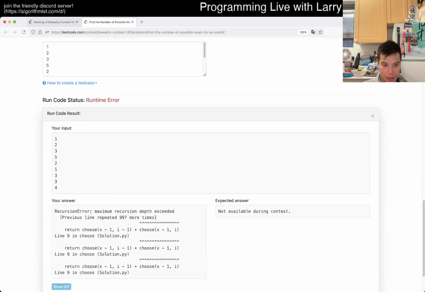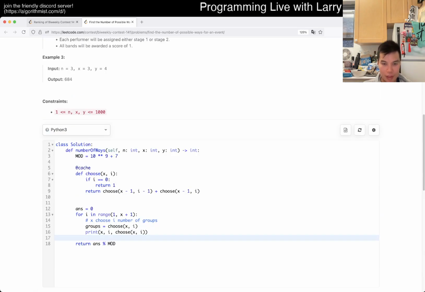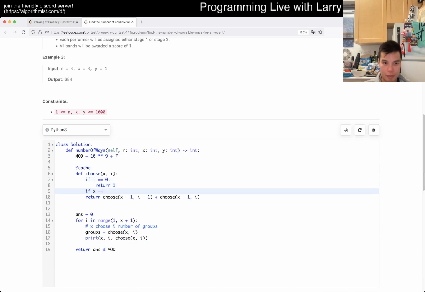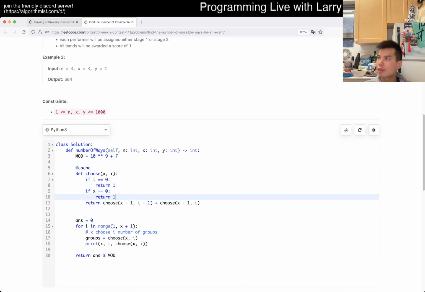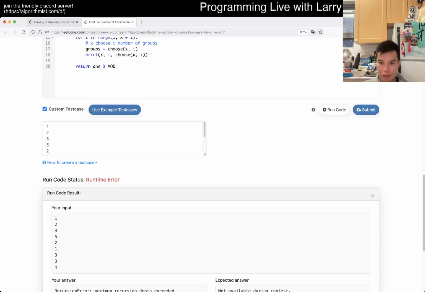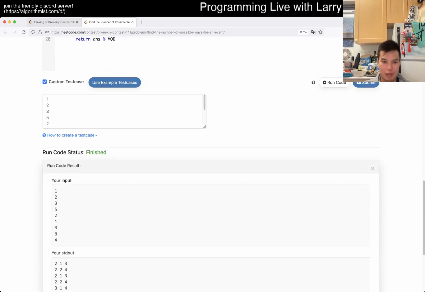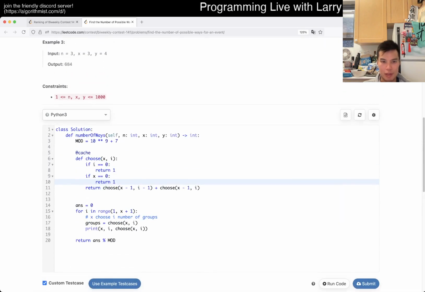Alright, let's just figure out how to choose this. Oh yeah. This is binomial, right? What are you doing, Larry? This is binomial. Right? Alright.